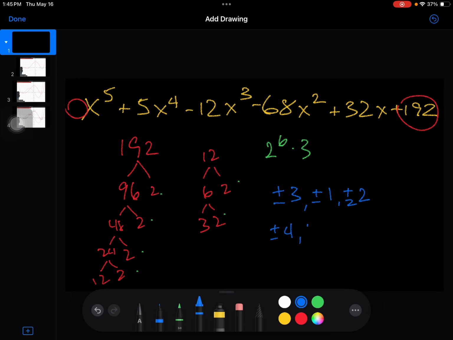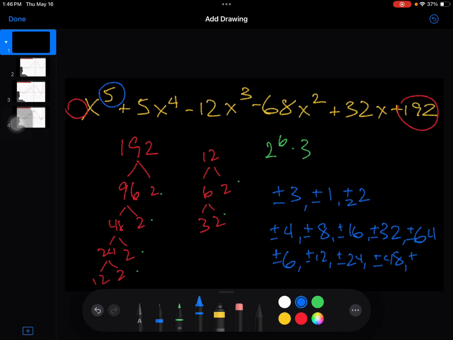We have plus minus 4, plus minus 8, plus minus 16, plus minus 32, plus minus 64, and then all of those times 3, which is plus minus 6, plus minus 12, plus minus 24, plus minus 48, and then that's all of it. But of course, we already know that some of these are not going to be roots, because that would be too many roots for a polynomial of order 5.